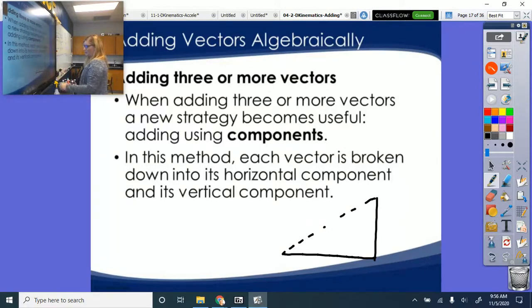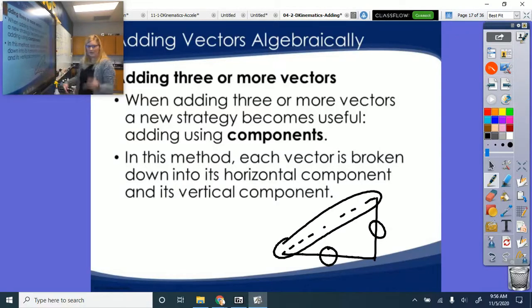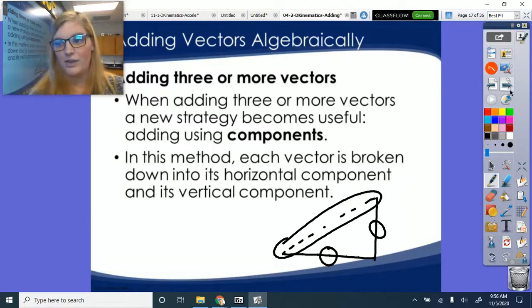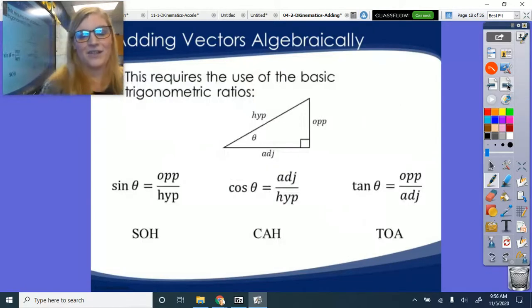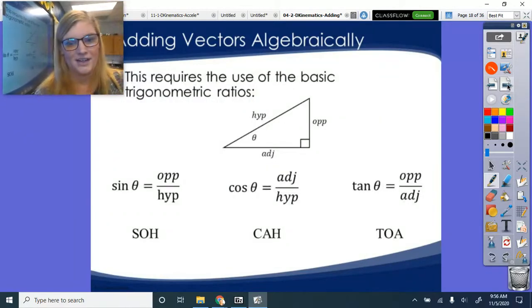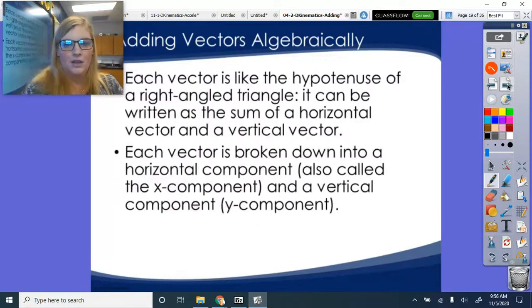Well, all that we've been doing so far is taking this line and finding what this line is. So now we're kind of going backwards and breaking it down into the horizontal and the vertical components. So that's when we're going to really use our trig again, and you're going to see a pattern really fast that's going to pop up.